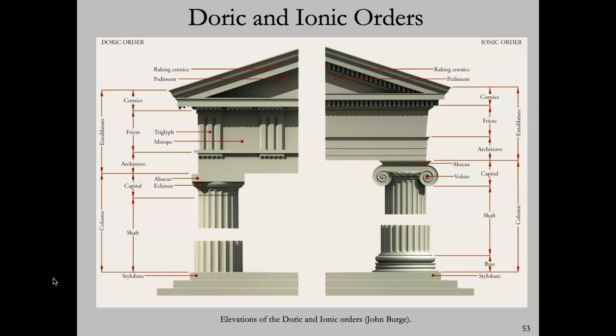Another important difference between the two orders is up here at the entablature. So here's the entablature, and here is the entablature on the Ionic. You'll notice that on the Doric order, we have a flat space here, which is called a metope, and it is framed on either side by a triglyph. Of course, tri means 3.